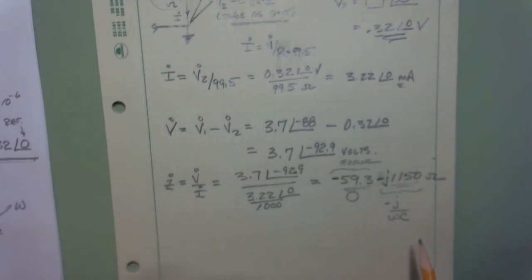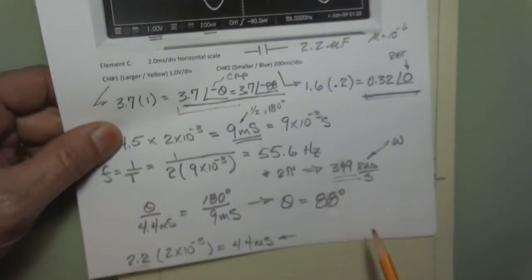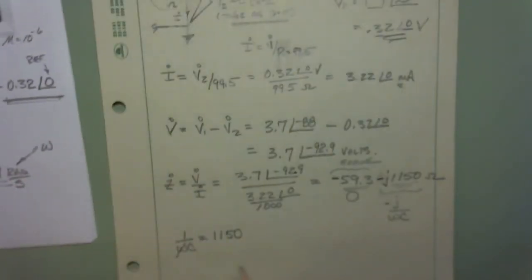So minus j over omega C. So this is negative, that's good. So I can say then that 1 over omega C is equal to 1150, or I think it was 1148, 1149, but we'll just call it 1150. And I know that omega, let's not say 377, let's go back over here. That's why we calculated this at 349.